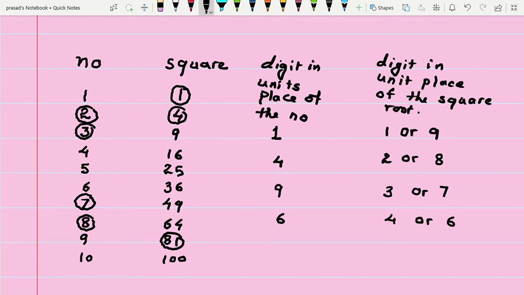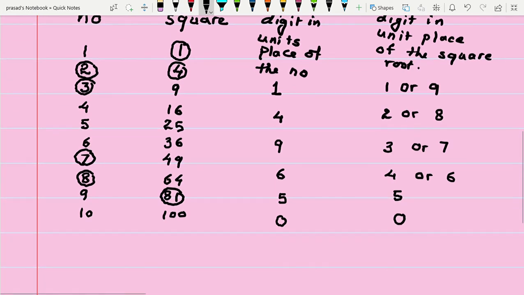If it ends with 5, the square root can end only with 5. And if the number ends with 0, its square root will end with only 0. So just keep these things in mind.